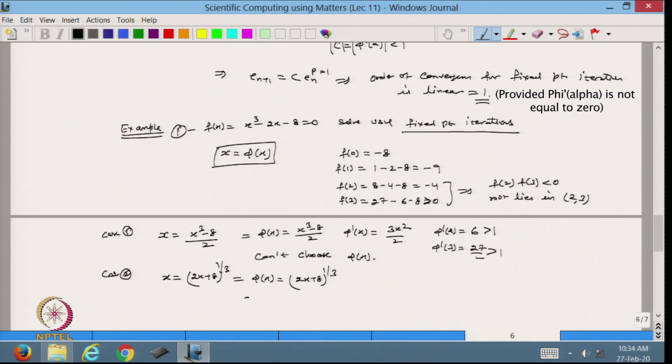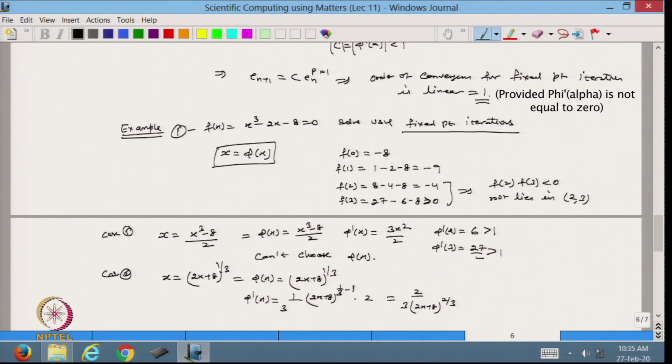Now, my phi dash x will be 1 by 3 into 2x plus 8 to the power 1 by 3 minus 1, into 2. So, that will be 2 by 3 into 2x plus 8 to the power minus 2 by 3.